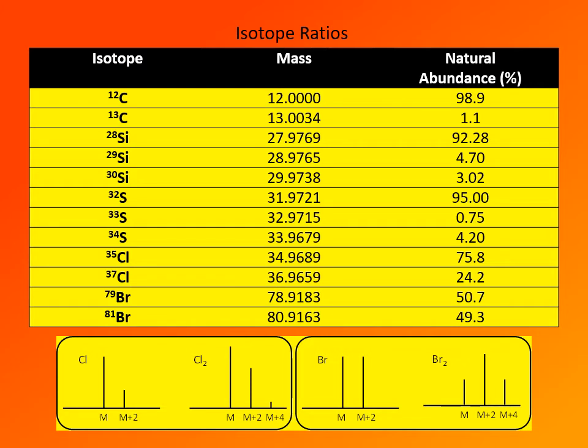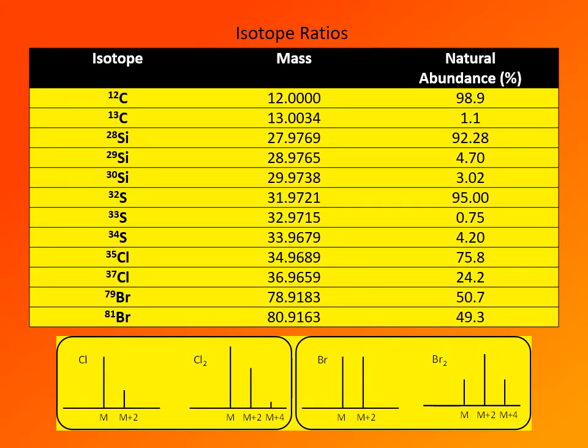Chlorine naturally occurs in the form of two isotopes, chlorine-35 and chlorine-37. So it's going to give two signals in the mass spectrum. The signal for chlorine-35 we would label as M, and for 37, M plus 2. Chlorine-35 has a natural abundance of about 76% and 37 24%.